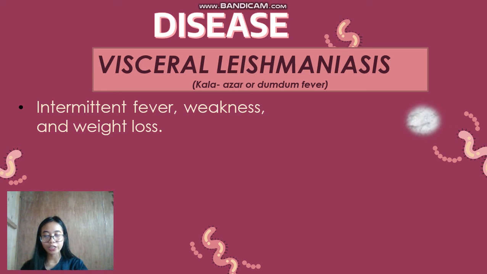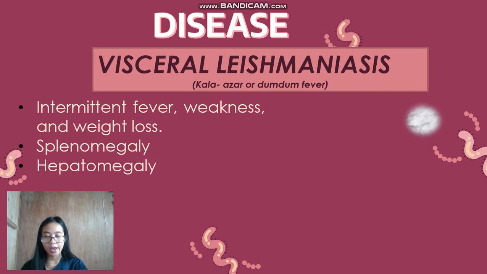So after the incubation of 2 weeks to 18 months, the disease begins with intermittent fever, weakness, and weight loss. Splenomegaly, or massive enlargement of the spleen, may also occur. Hepatomegaly, or enlargement of the liver, can also occur.